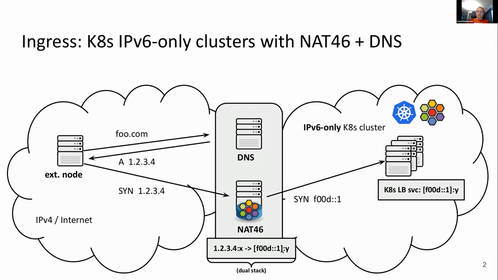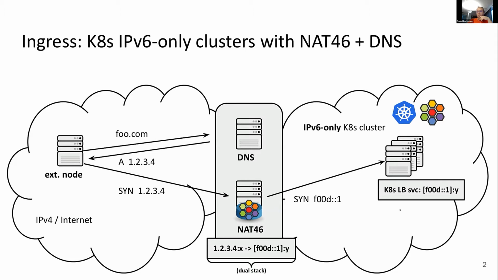And the idea here is that as the IPv6 address, you can, for example, enter the service VIP under IPv6. So let's assume, for example, inside that Kubernetes cluster, a particular service was exposed as a load balancer service, and under that given service VIP, that node here in the middle, that NAT46 node, will then translate the original request to the IPv6 VIP, and then it will be directed into the cluster.